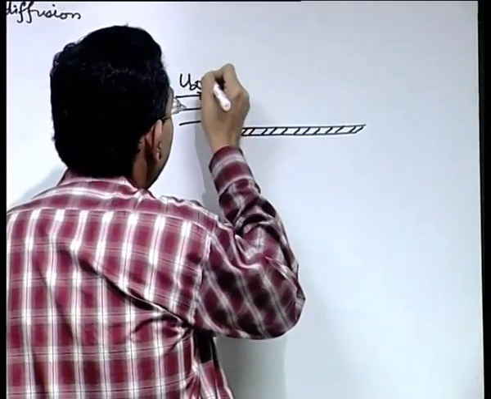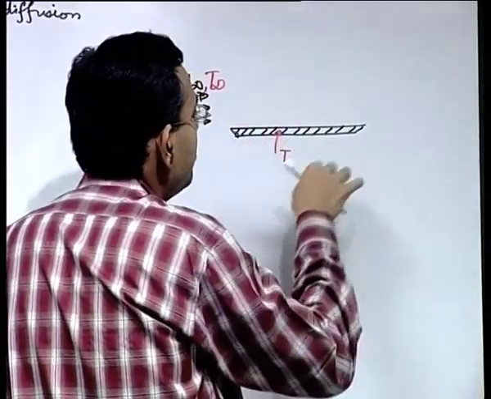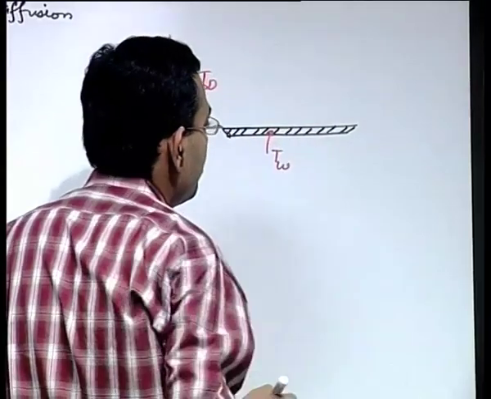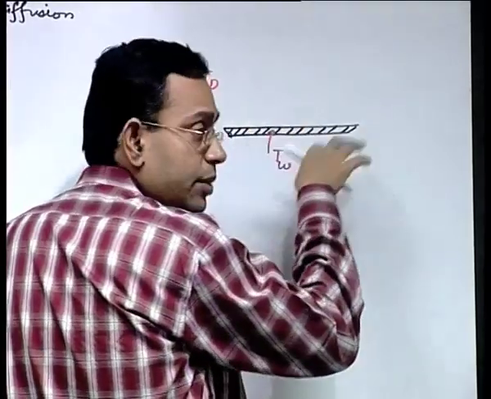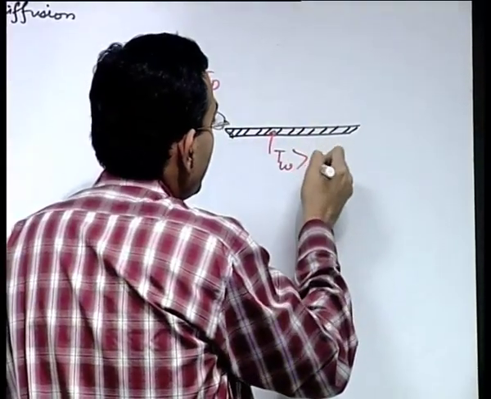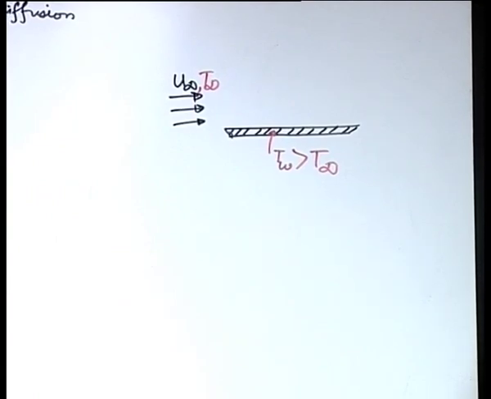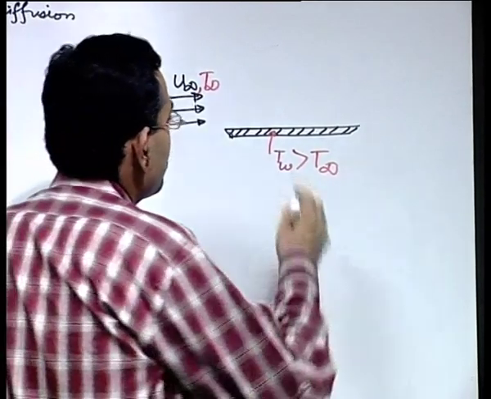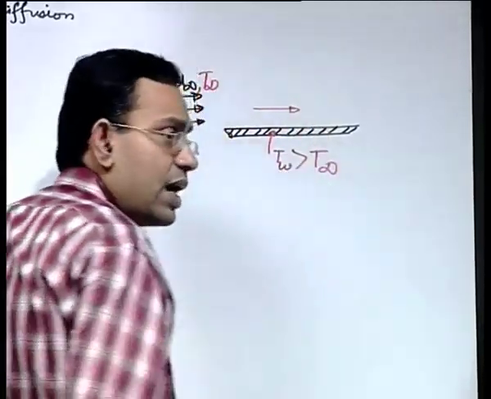So, this has a temperature T infinity, the plate has a temperature T, say by some mechanism you are heating the wall of this plate, say by a strip heater, where the wall temperature is always maintained greater than the far stream temperature. What is the objective? The objective is to heat the fluid which is coming on the plate. So, as the fluid flows over the plate, what happens?